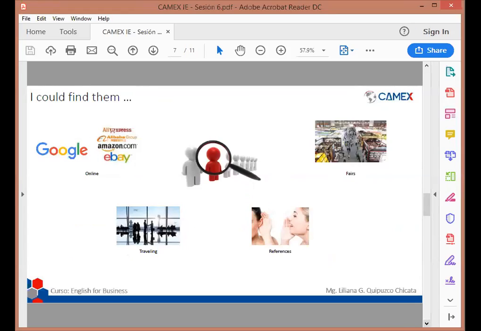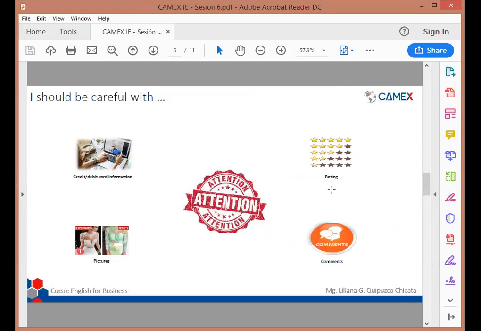Now, if we're talking about the rating, we would use this on eBay, Amazon, AliExpress, and Alibaba. If you're going to buy online, below the product we are going to see the rating, usually in stars.